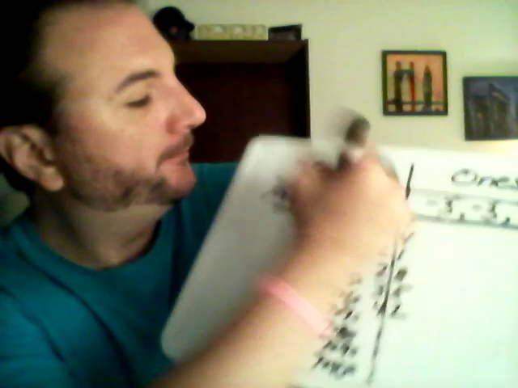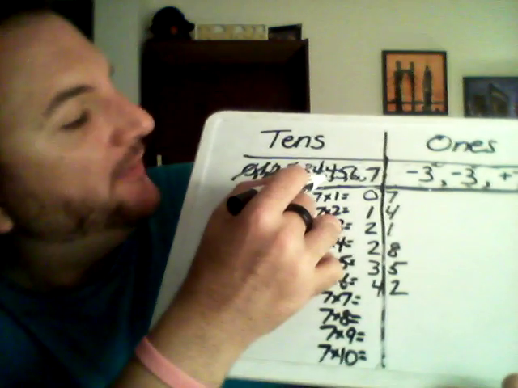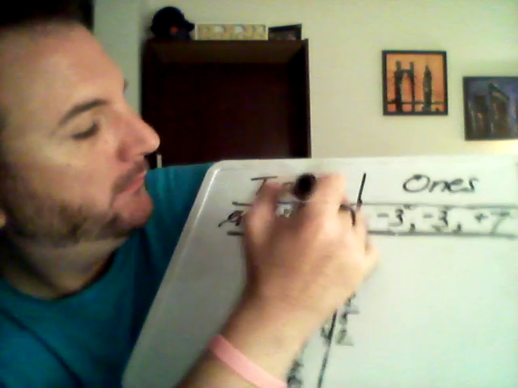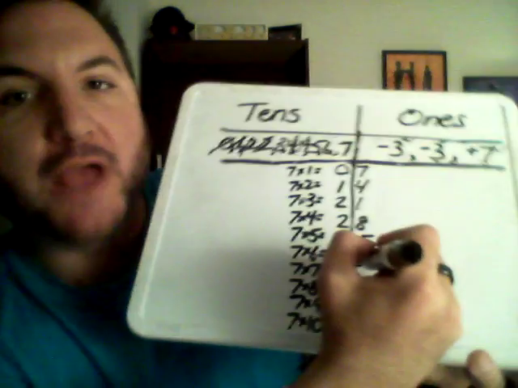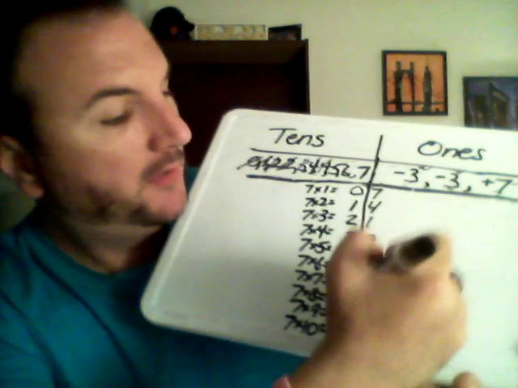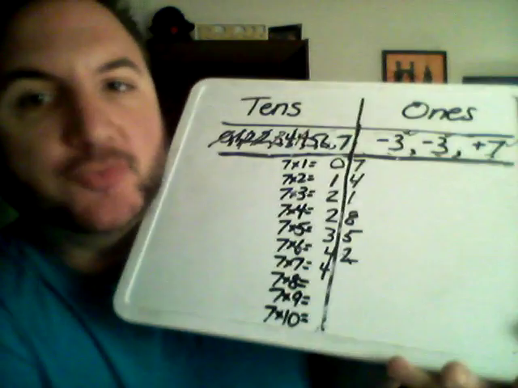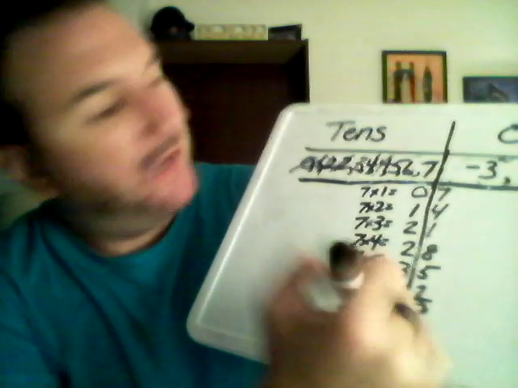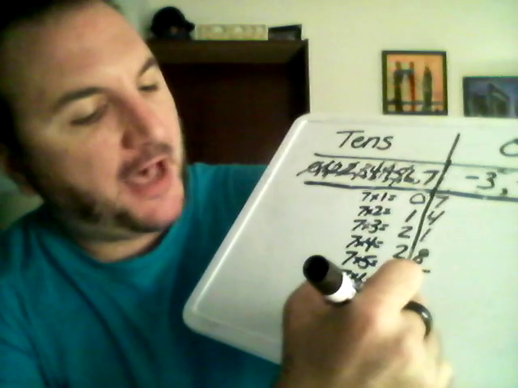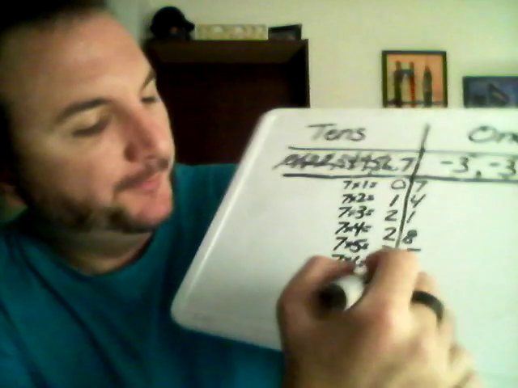Goodbye to this 4. For 7 times 7, there's another 4. Put it here. 2 is too small to subtract 3 from, so I go to the plus 7. 2 plus 7 is what? 9. In other words, 7 times 7 is 49. 7 times 8, there's a 5. Crossed it out up there.